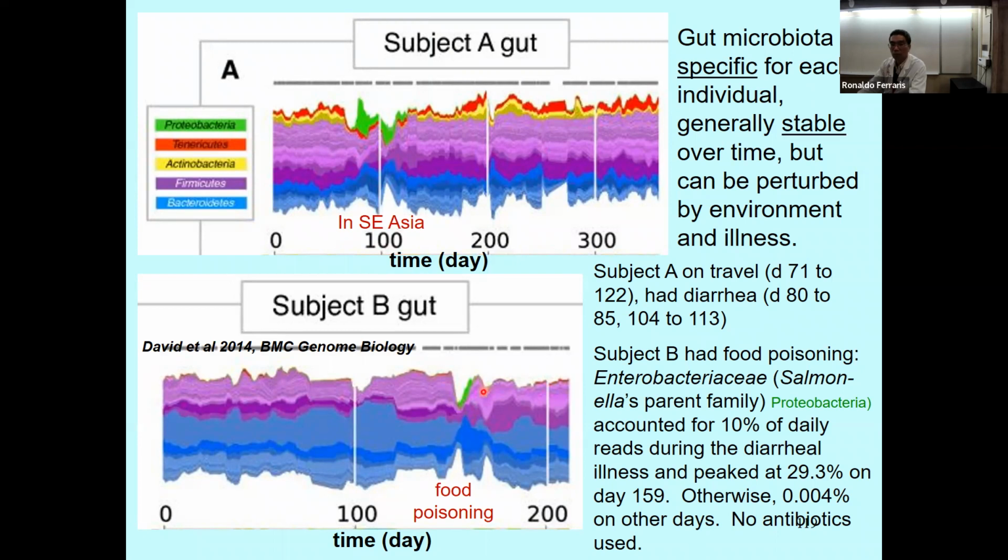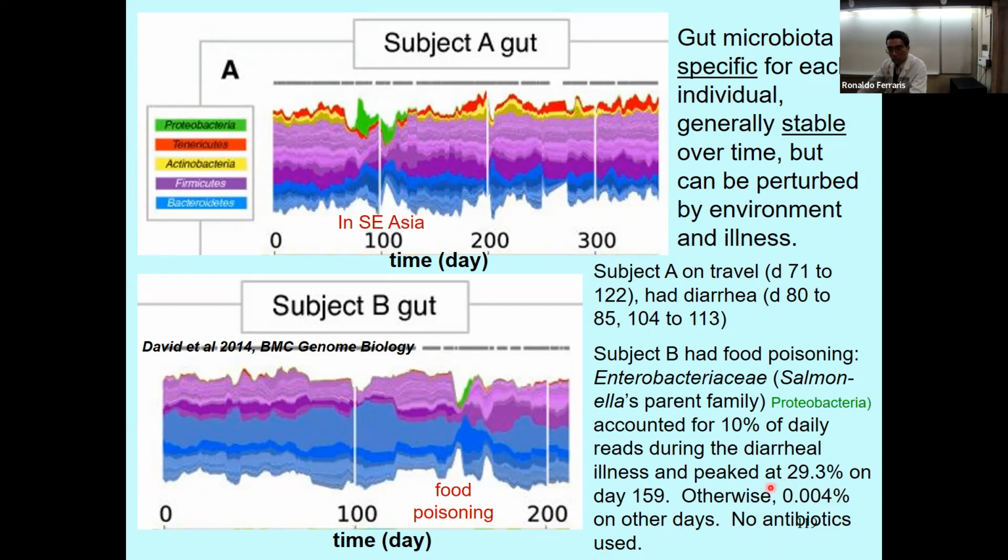the diversity of gut microbes reduces. It's characteristic of that. So in other words, the density of gut microbiota actually changes as these bad bacteria occupy your gut. Both subjects did not take antibiotics.